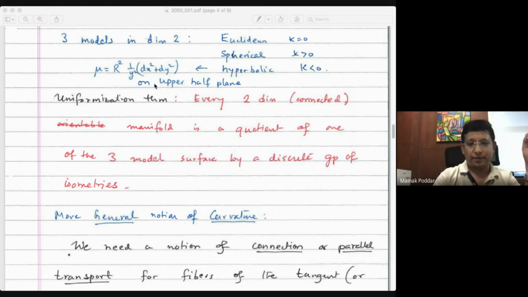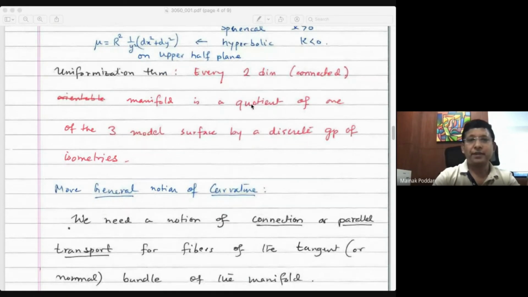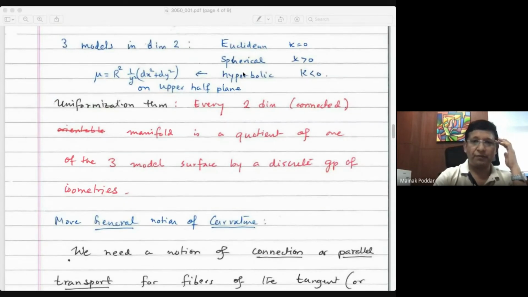One theorem says that every surface is a quotient of one of these three, the upper half plane, where you have to avoid y equal to 0 in the negative curvature case, or the sphere, or the whole plane with Euclidean metric.